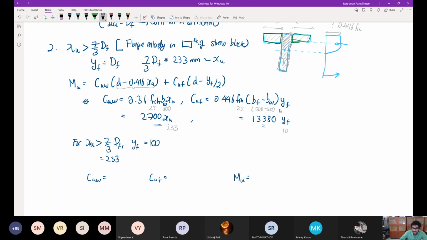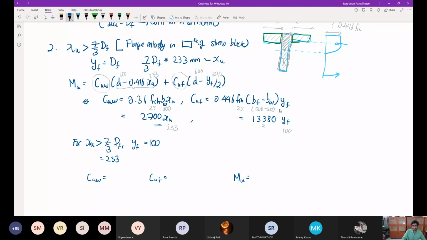Substitute XU, 233, into CUW, and substitute 100 into CUF. Again, D is 600, XU for this case will be 233, and YF is 100. Simple substitutions.